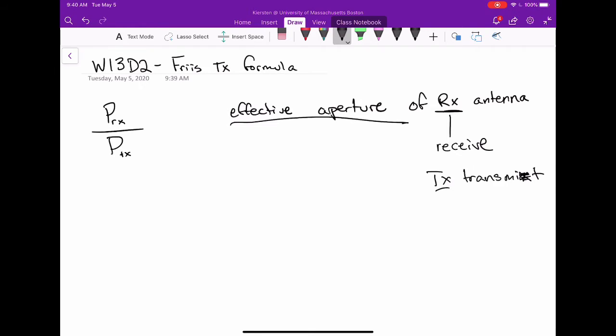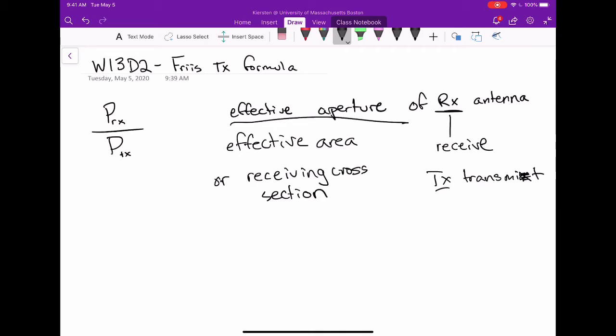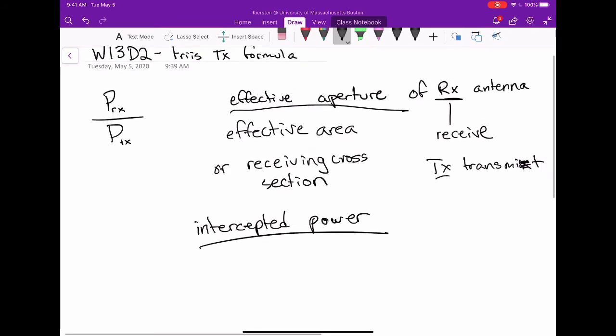Now, effective aperture is sometimes also called effective area, or receiving cross-section. But what it tells you is the amount of intercepted power by the receive antenna.